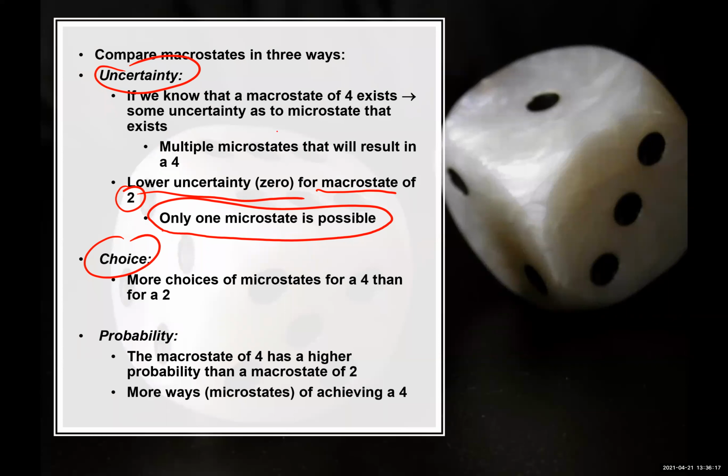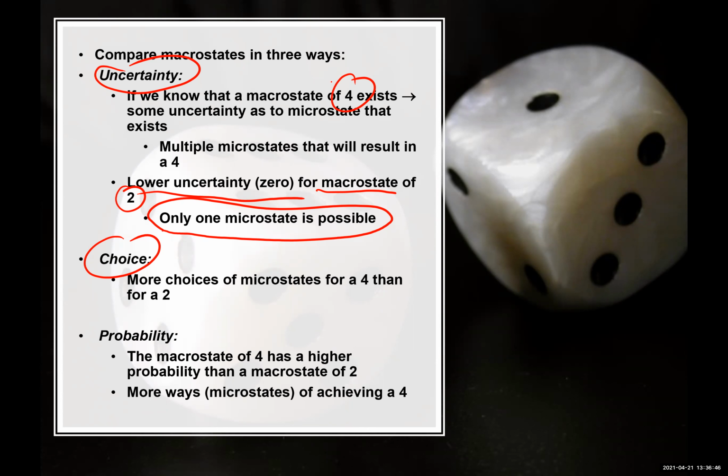The uncertainty for the 4 is that when we get 4, is it the first one 3 and the second one 1, or 2 2, or the first one 1 and the second one 3? So there's uncertainty in terms of which of those gave us 4. But for the macrostate of 2, there's only one thing we can have. The only way we can get 2 is if it's 1 1. That means there's zero uncertainty.